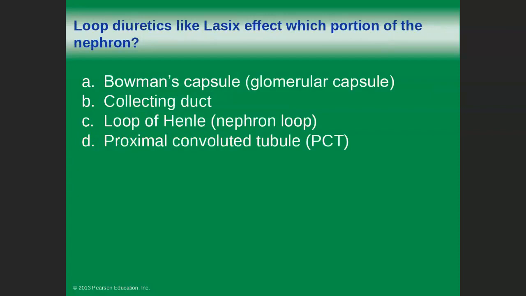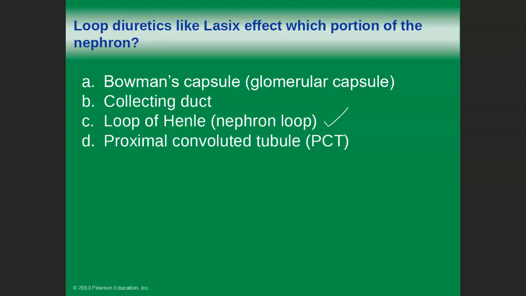Loop diuretics like Lasix affect which portion of the nephron? That would be your nephron loop. In fact, if you go into the medical field, you will learn about this a lot. When they get on these loop diuretics like Lasix, they eventually wear out their nephron loop sometimes. You have to be careful when you put somebody on a diuretic.